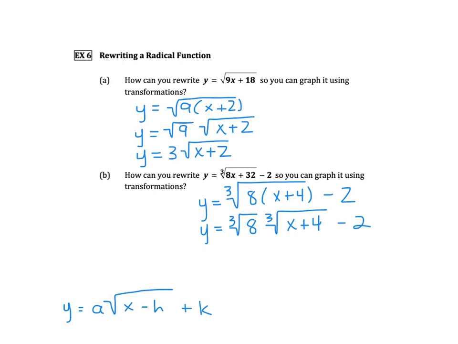And now I can simplify the cube root of 8 to be a 2. And notice I now have a function that is in a format where I can see all my translations and go ahead and graph it.